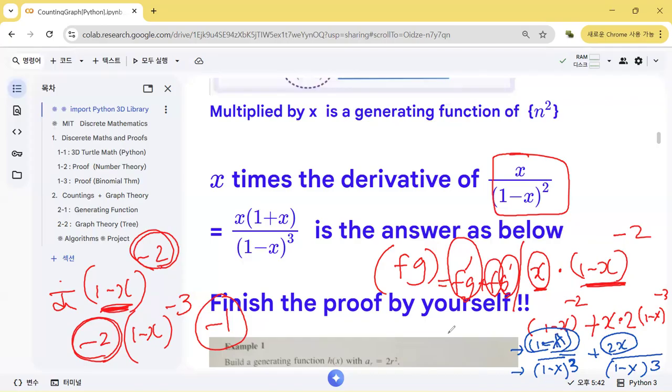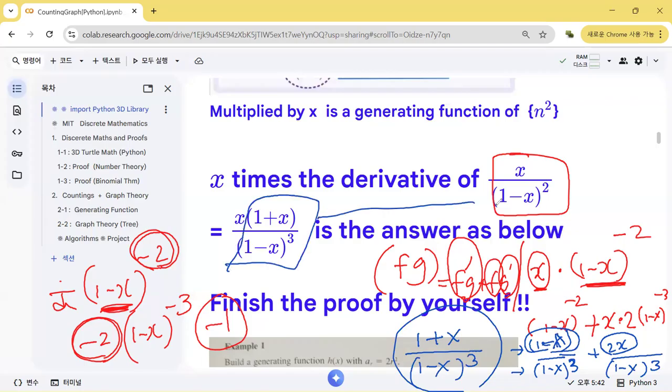So finally you get 1 plus x, the denominator is (1 minus x) cubed. So that's it. This is the derivative of this one. And then comes x, and this will be our answer.